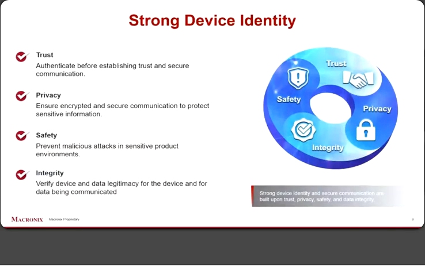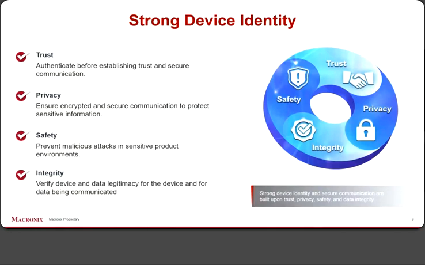So the next important security concept that I want to talk about is strong device identity. And what really is built into this concept are four things. First is trust. You want to be able to authenticate before establishing trust and secure communication. And then you need privacy.